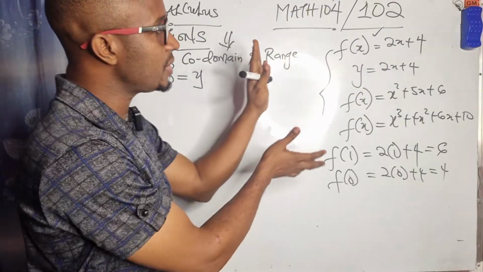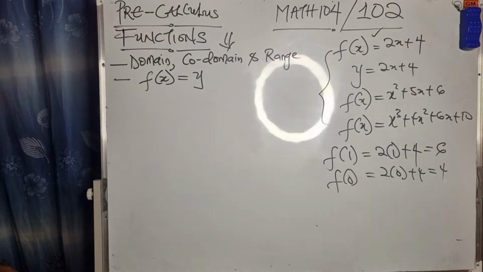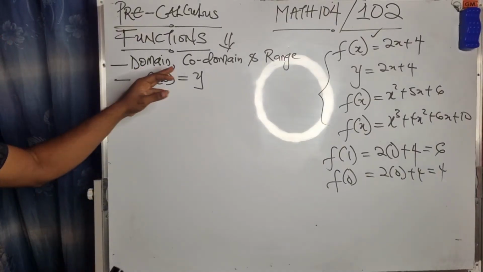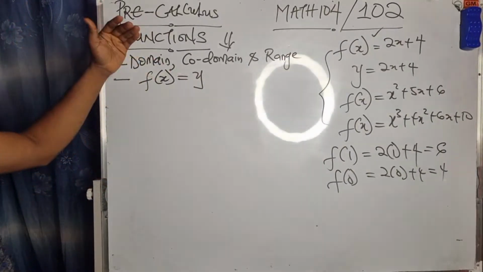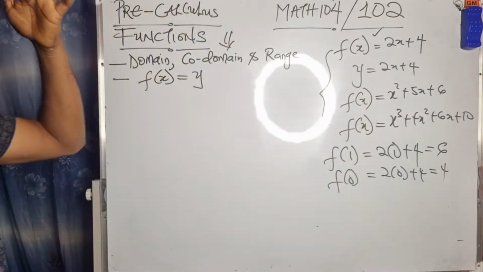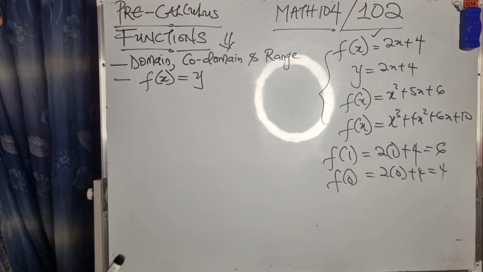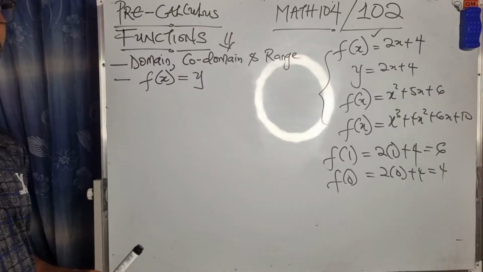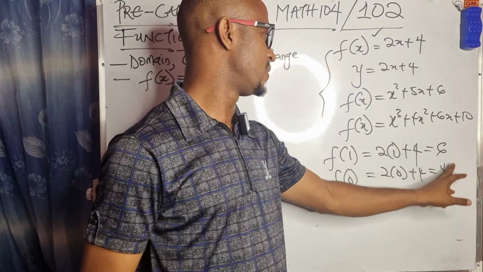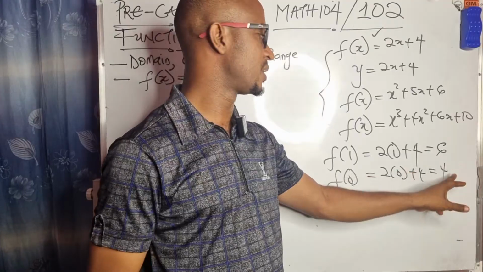Let me take us step by step so we can understand what I'm saying. Just know that there are three concepts in function: the domain, the codomain, and the range. The values of x represent the domain, and the values of y represent the codomain. Here we have 6 and 4; these are my y values.